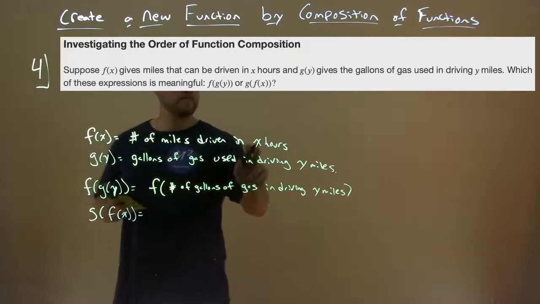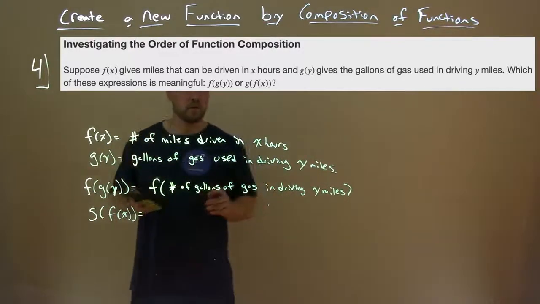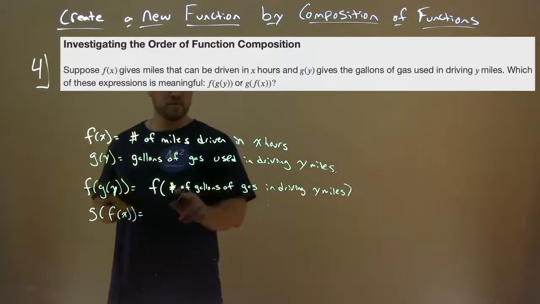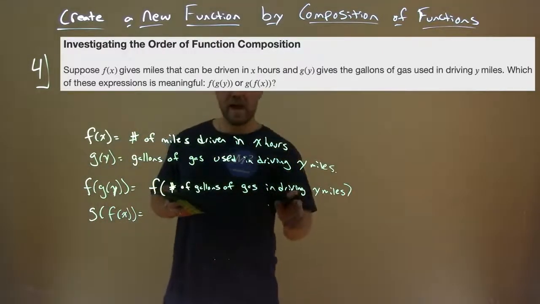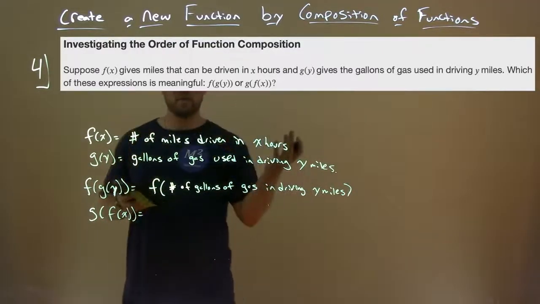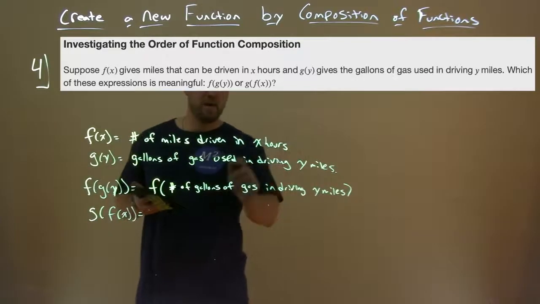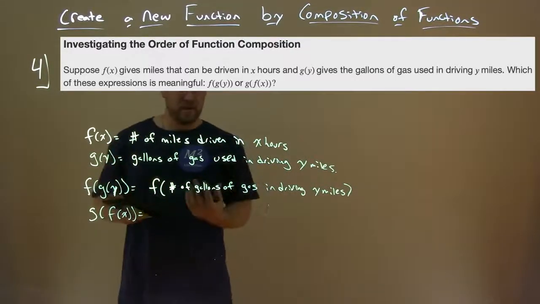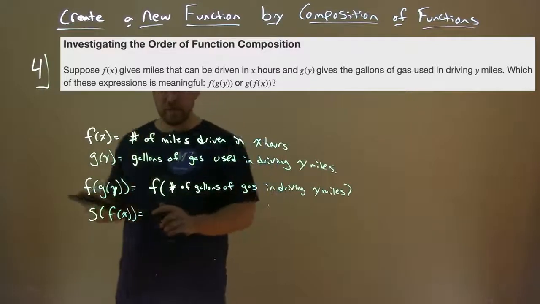The input is the number of hours. We're plugging gallons into a value for x hours. That wouldn't make sense. Let's try the other way.